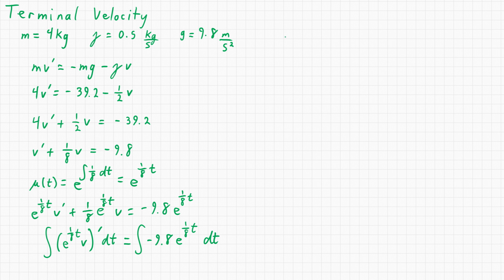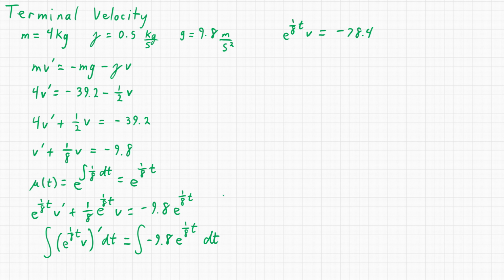So we end up with e to the 1/8 t times v is equal to, on this side we're going to have to multiply by 8 to cancel out the 1/8 from the power rule going in reverse. So negative 9.8 times 8 ends up being negative 78.4.